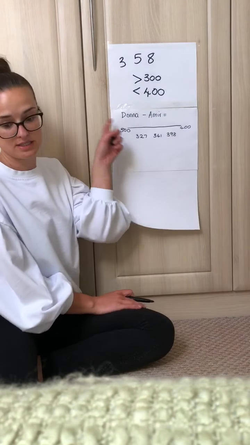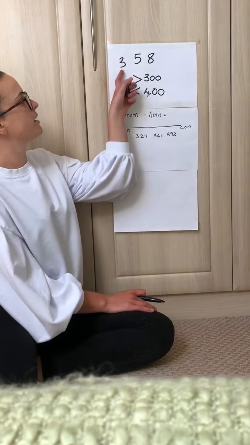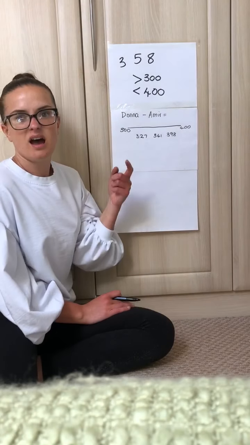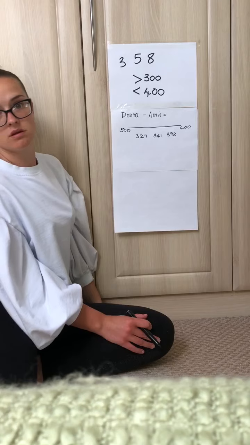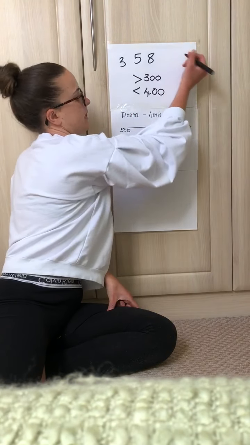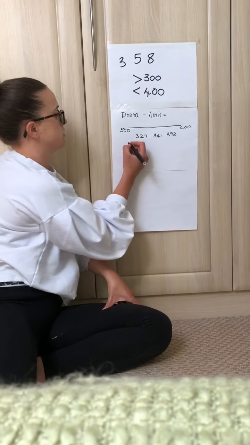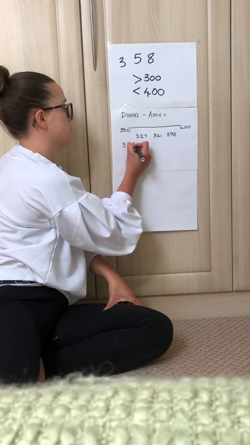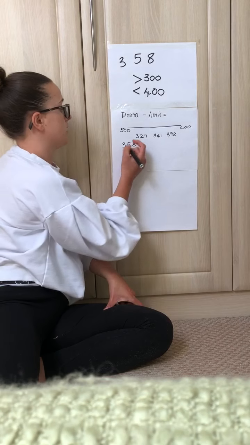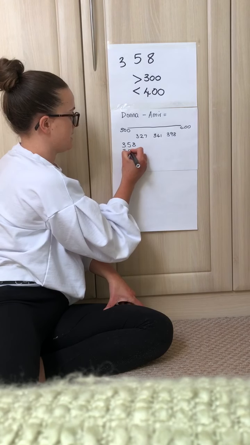Okay, so looking at my digit cards now, I've got a 3, a 5 and an 8. Through trial and error, I'm just going to make all of the numbers that I can. I'll do it down here actually: 358, 385.